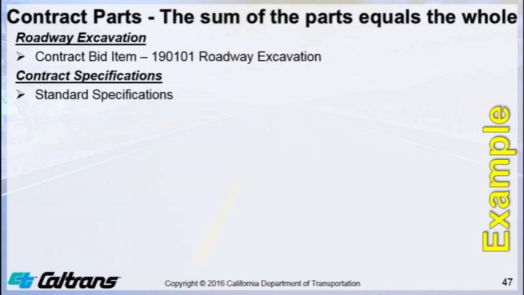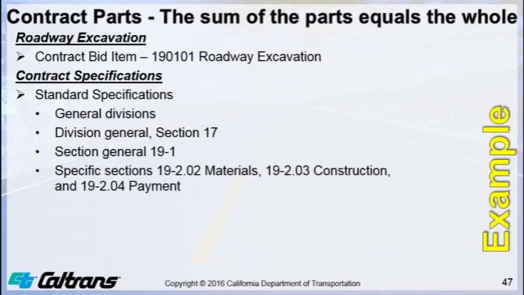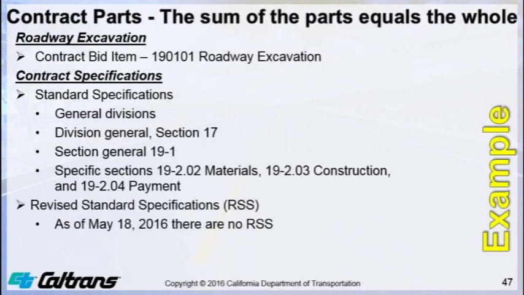For roadway excavation, the contract specifications are General Divisions, Division General Section 17, Section General 19-1, and Specific Sections 19-2.02 Materials, 19-2.03 Construction, and 19-2.04 Payment. As of today, there are no revised standard specifications for this bid item.